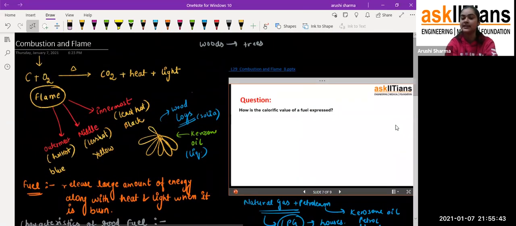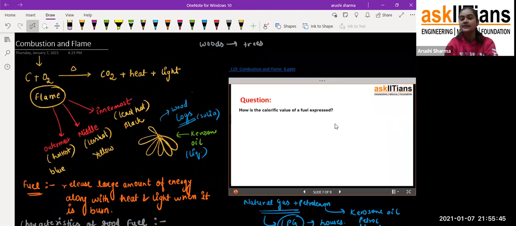So the question is, how is the calorific value of a fuel expressed? In what way do you express the calorific value? We have just discussed it. It's kilojoule per kilogram, that is, how much energy is released after complete combustion.